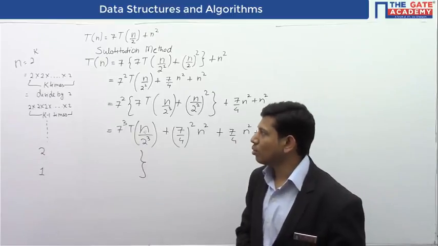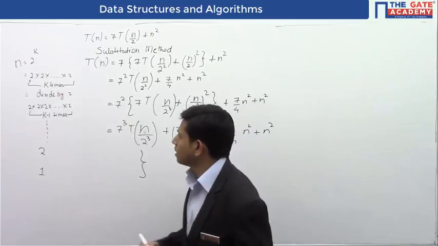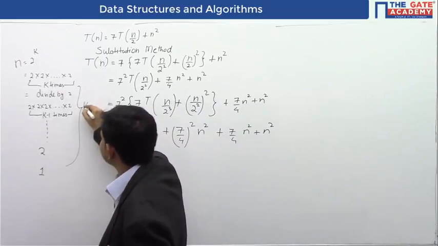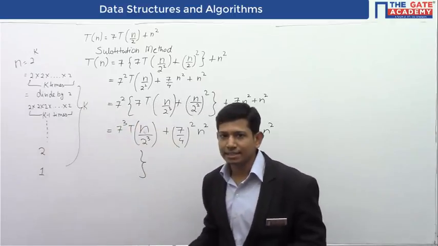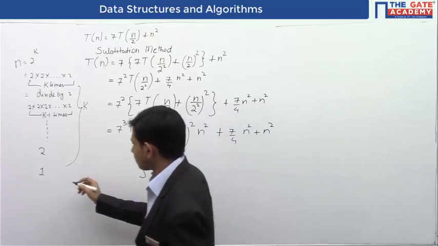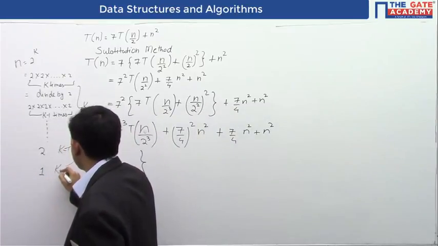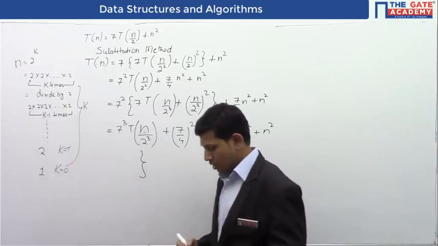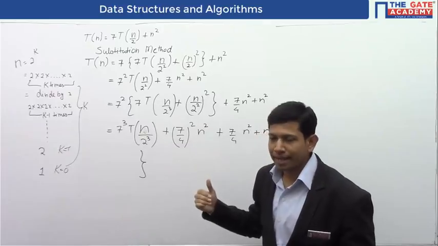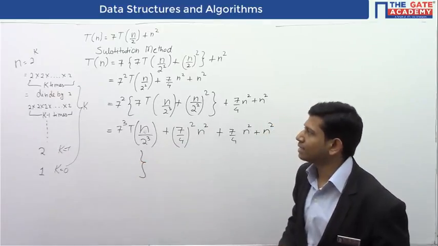To make k 0, we subtracted 1 from k, k times. k minus 1, k minus 2, like that, in k steps we subtracted all k. So k minus k became 0. Here k was 1 and here k is equal to 0. So when we subtract 1 from k, k times, it becomes 0 and n becomes 1. So k is our value.